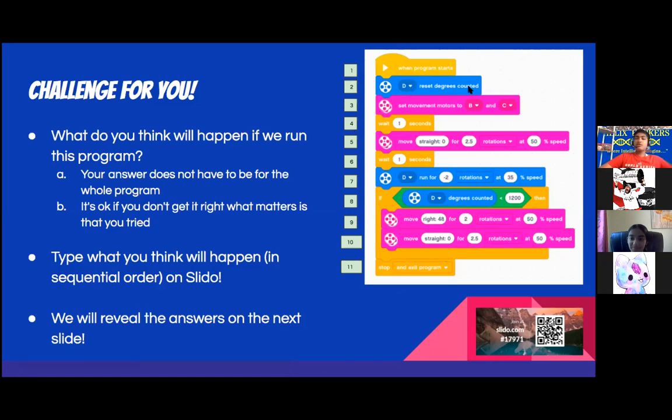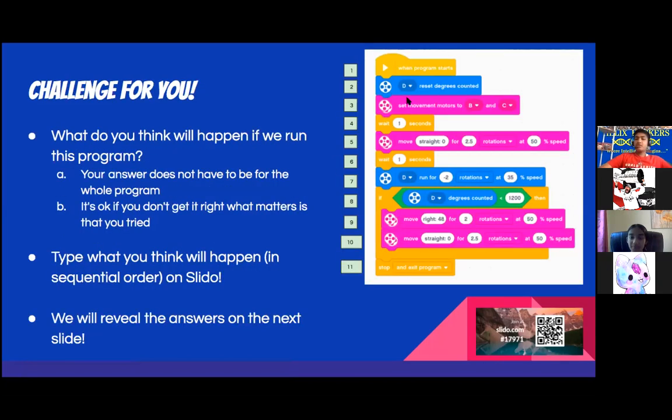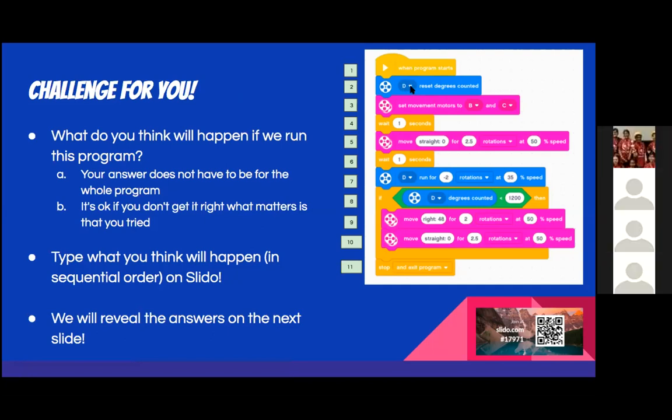Very good. It resets the degrees of my media motor, since, as I said, there's ports A, B, C, and D. So you did very good. That was a really good answer. But this specifically resets the D port, which is my media motor. You need to do this at the start of every program.